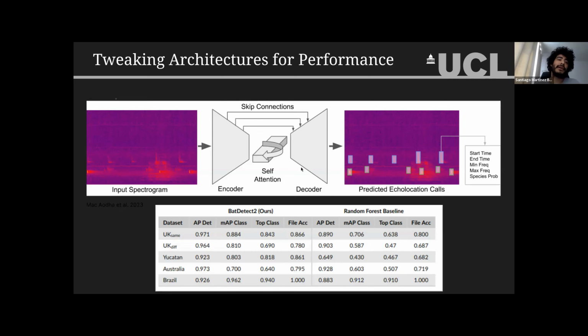And we saw that this architecture very dramatically outperforms other alternatives when trained on a data set of UK bat sounds. We've also tried training it on data sets of Mexican, Australian, and Brazilian bat sounds, but those were really small.